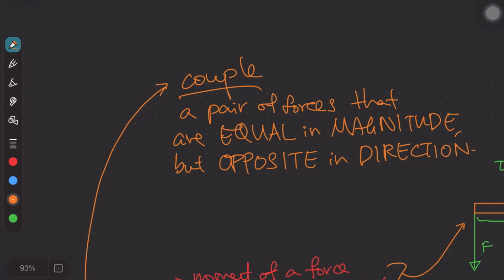And an important caveat: the lines of action do not coincide. So this is what a couple is.